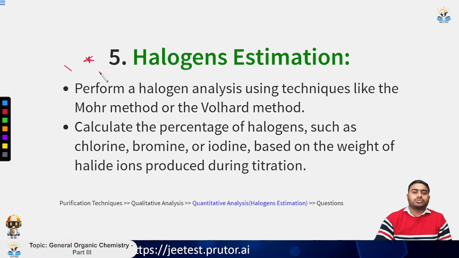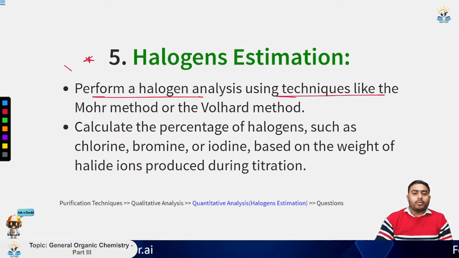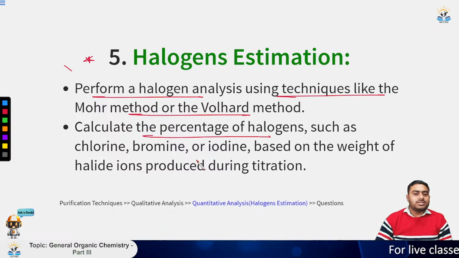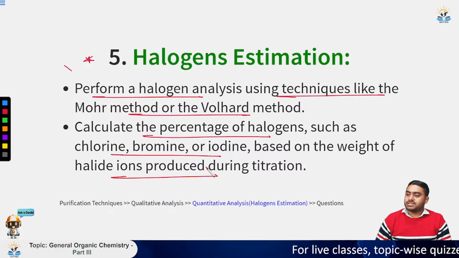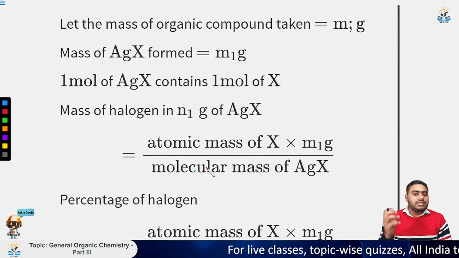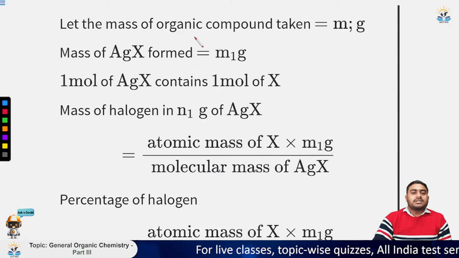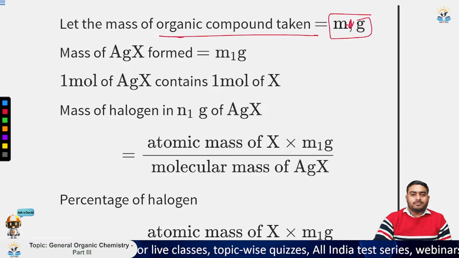Next, halogen estimation. First of all, perform a halogen analysis using techniques like the Mohr method or Volhard method. Then calculate the percentage of halogens such as chlorine, bromine or iodine based on the weight of halide ions produced during the titration process. Let the mass of organic compound taken be m gram.